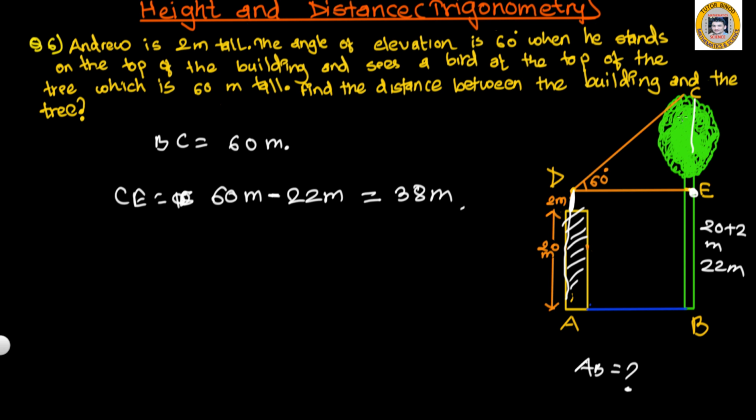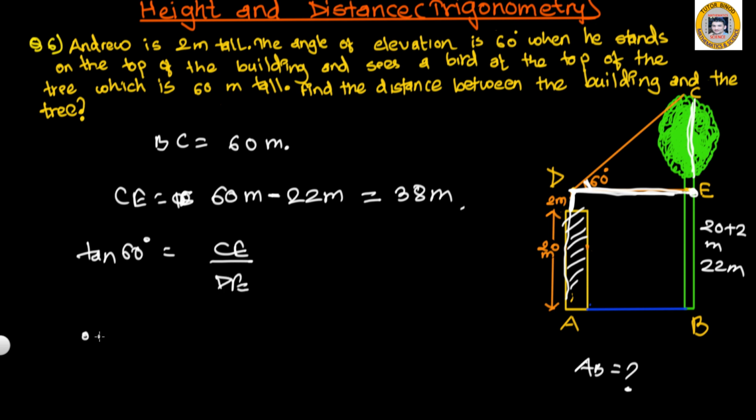Now we have the CE. We are supposed to know DE or AB. So I have the perpendicular and I have the base and I have the angle, so I can use tangent of 60 degree equals CE, which is my perpendicular in the right angle triangle DEC, over my base, which is DE.